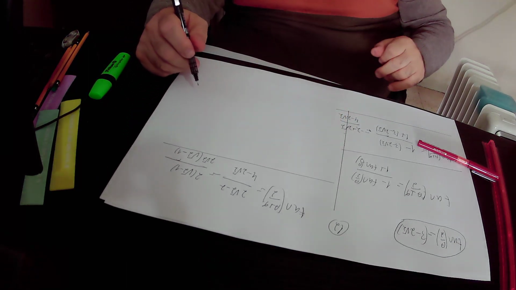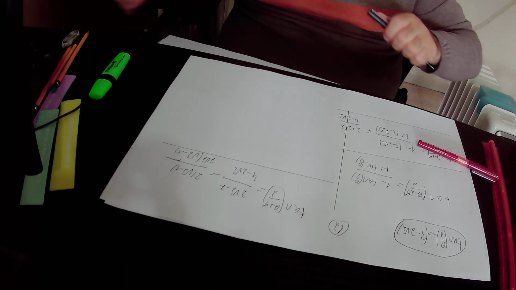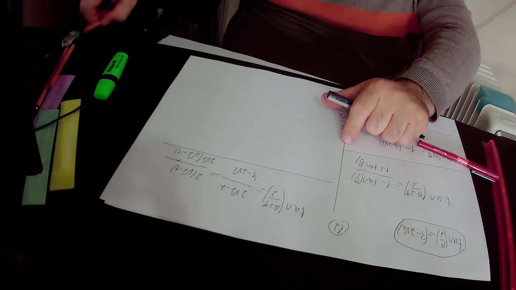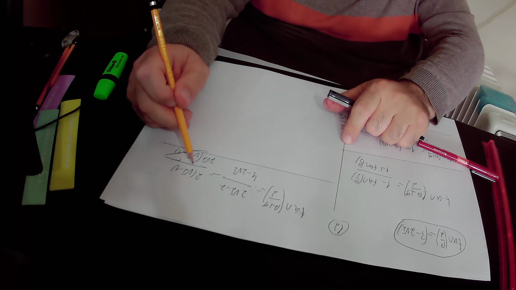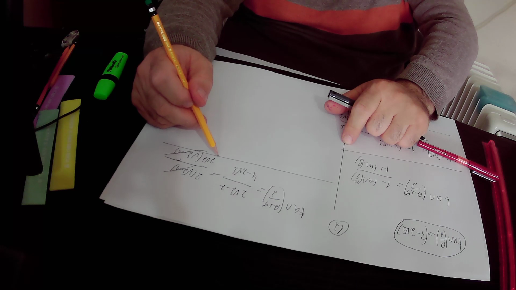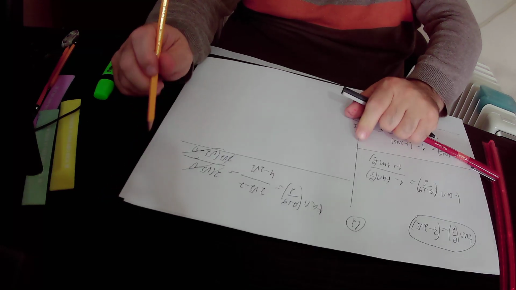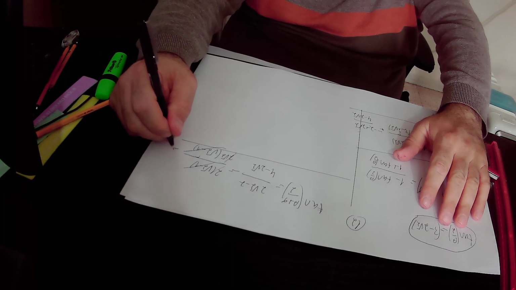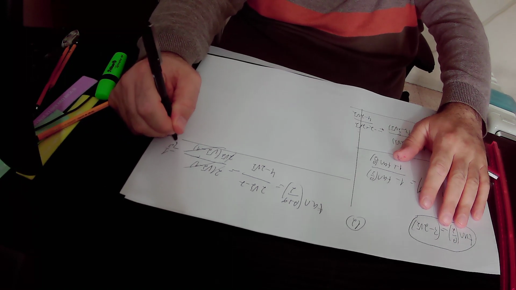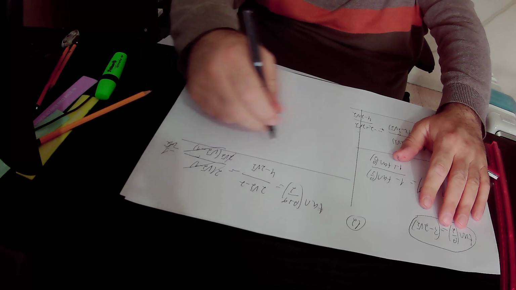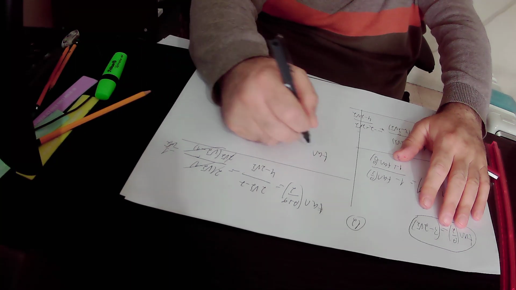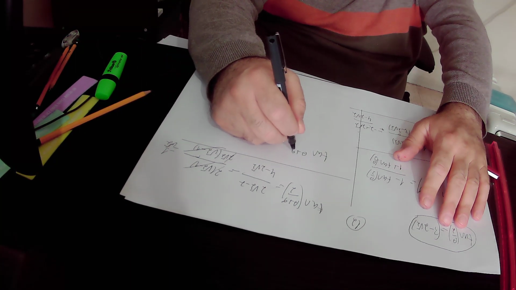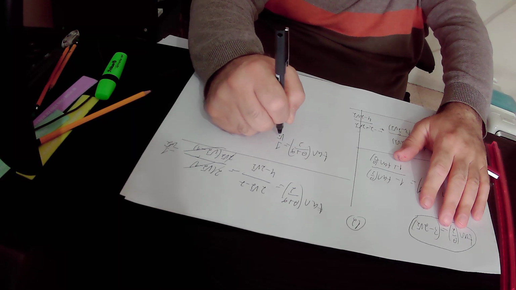So square root of 2 over square root of 2 is 1, so it will get cancelled, 2 over 2 is 1, so it will get cancelled. So we are left only with 1 over square root of 2. So in conclusion, we found out that tangent theta plus alpha over 2 is equal to 1 over square root of 2.